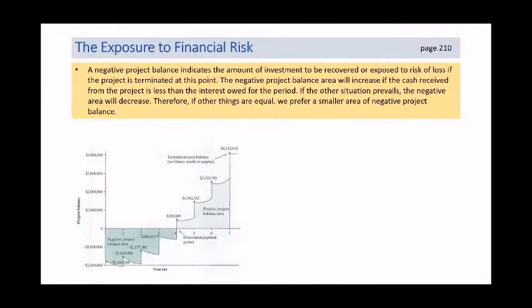Now we need to make some measure of how to assess the risk. In this class, although I cannot find a standard way of assessing the financial risk, we can get it from the ratio of the negative balance period to the total life of the project.